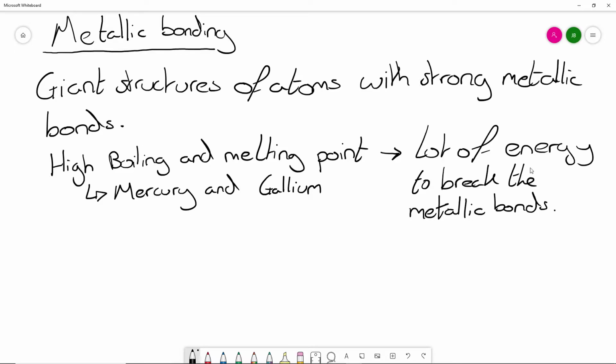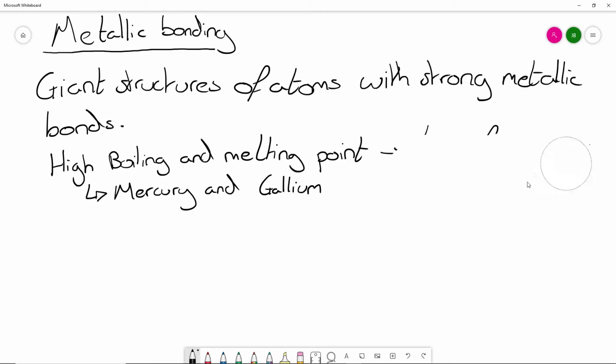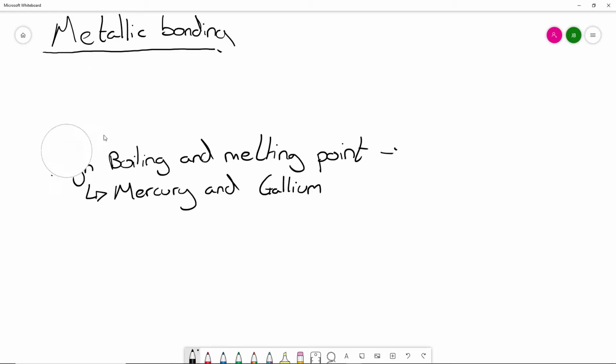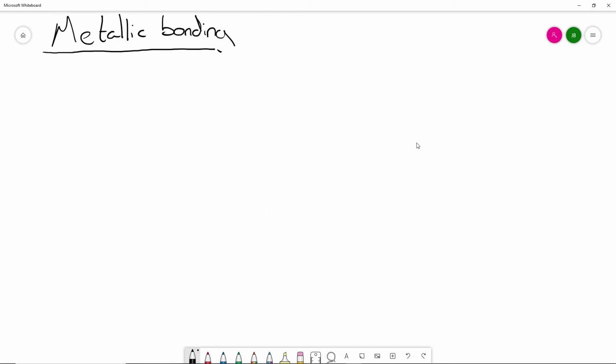Right, now we're going to look at how these bonds are formed and what it actually looks like. There's a very good diagram which I'm going to show you now. So let me just clear this and we'll go on. So, they are arranged in layers.